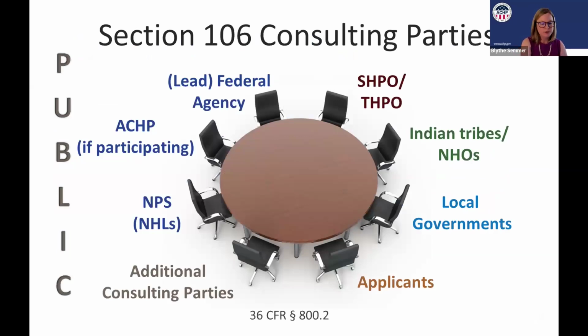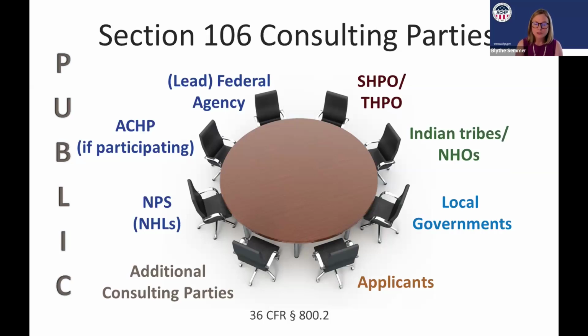When we talk about the participants of Section 106 and those interactions between the federal agency and other participants, we recall that Section 106 is a public process, and federal agencies must consult with others in the course of making the decisions that they do about how their projects will affect historic places.